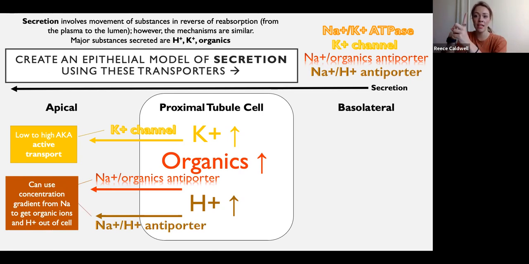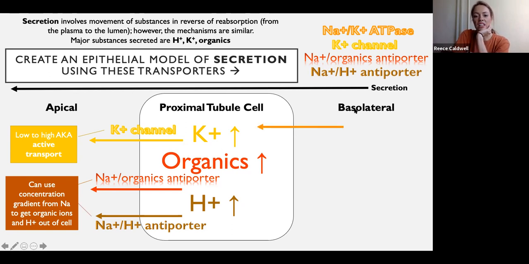So sodium moves in, organic ions and hydrogen ions move out. So pretty important to know, because if we keep hydrogen in the plasma, in the body, it's going to affect pH, and we do not want acidic urine. That would be very painful, not good. So we want to get that hydrogen out, and we want to get those organic ions out as well.